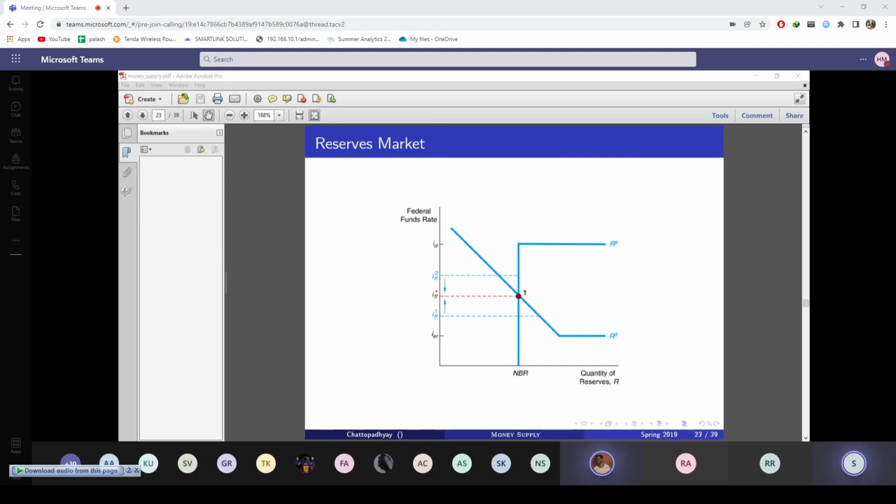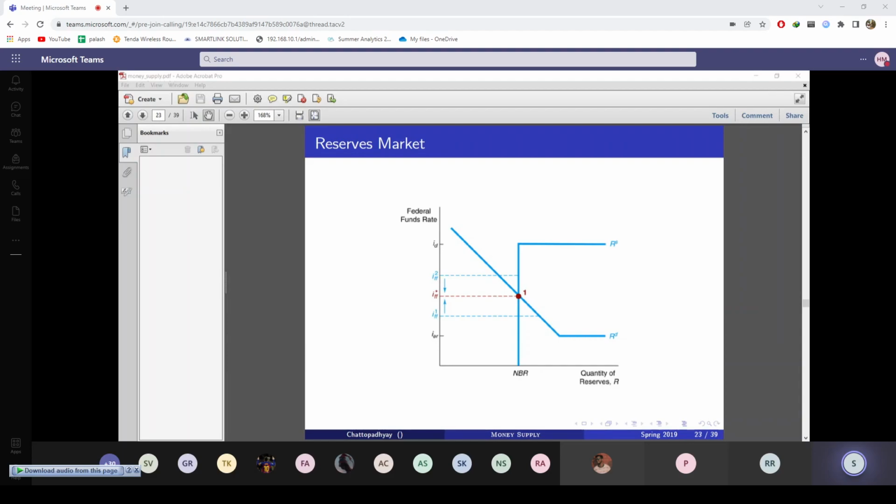Think and say, anybody can answer. What is the purpose of holding reserves by the commercial bank? To fulfill the daily withdrawal requirements. Withdrawal of what? Deposits, right? Yes, sir. Very good. So that is the purpose of holding reserves, which I forgot to say earlier.